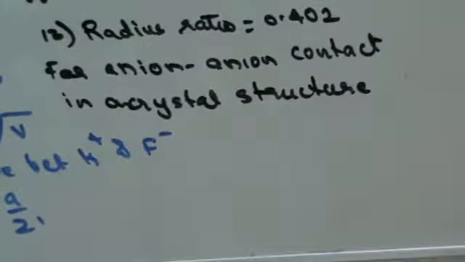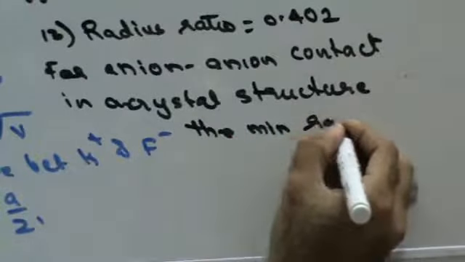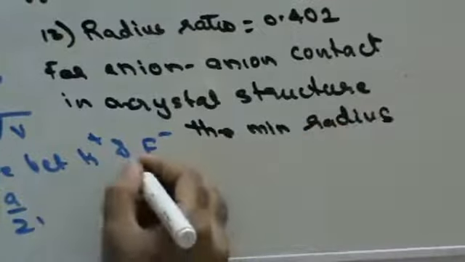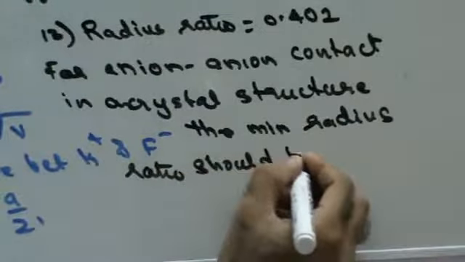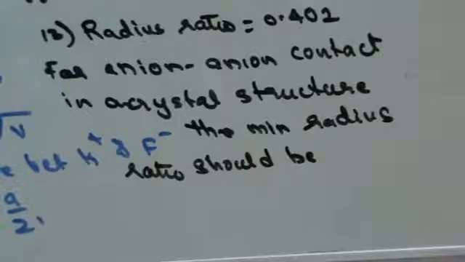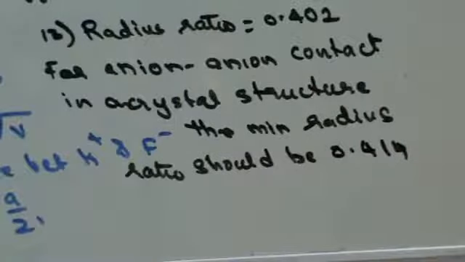The minimum radius ratio should be 0.414. Only then will you have an anion contact, right?